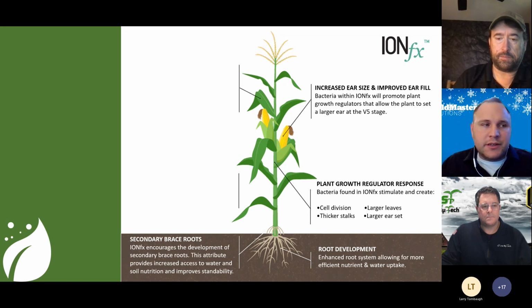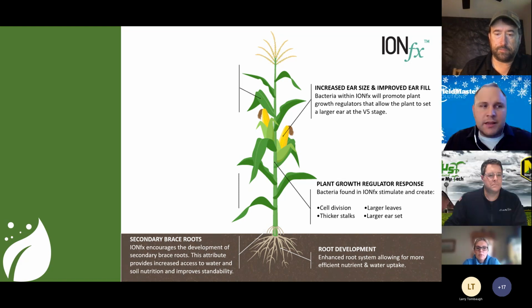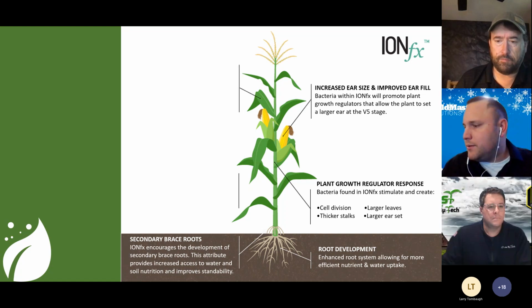We pulled some ears. I think I have a picture coming up here, and sometimes we see it in lengths and sometimes we see it in rows. Which one do you typically see the advantage coming in? I'm sure hybrids play a lot of role in that too, Tony. But do you typically see more rounds or more length on the ears that you've been treating with Ion? Actually, we've seen pretty even in both.